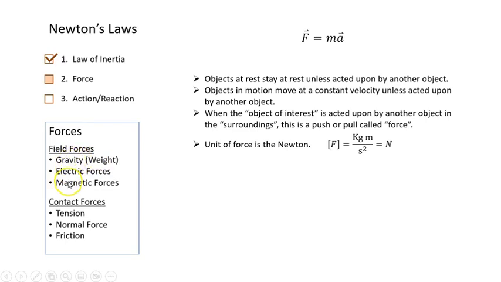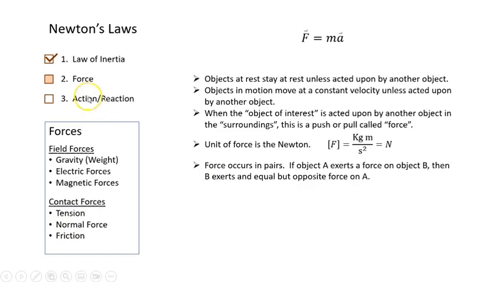There are electric and magnetic forces, and not shown on the list are the nuclear forces, the so-called strong and weak force. Then there are contact forces that are like a macroscopic type picture, where the forces are actually electromagnetic in nature, but they involve physical contact. And we'll start with the tension, the normal force, and surface friction.